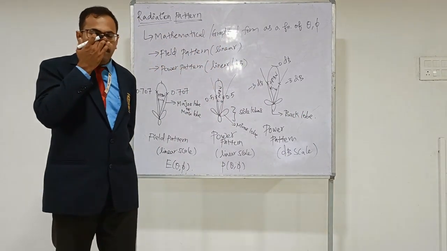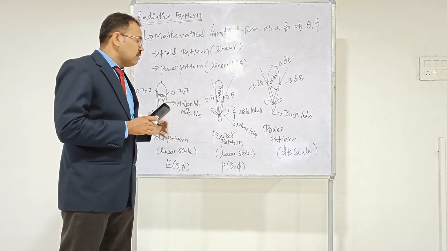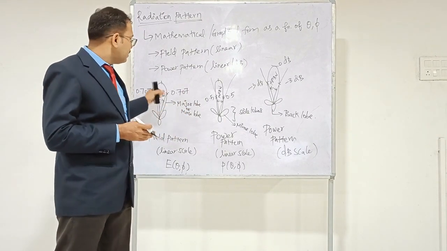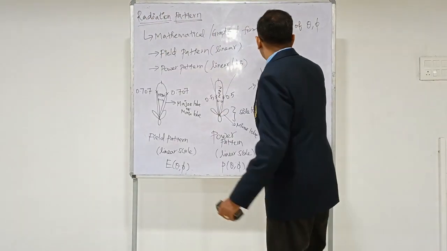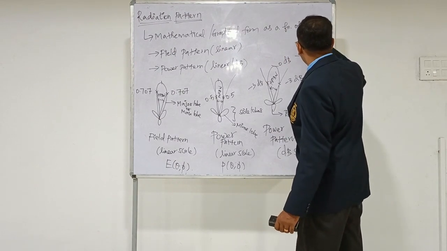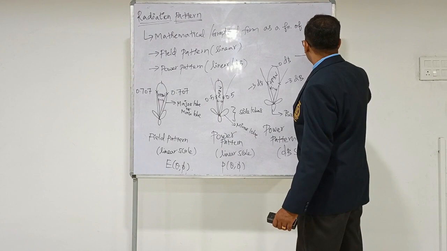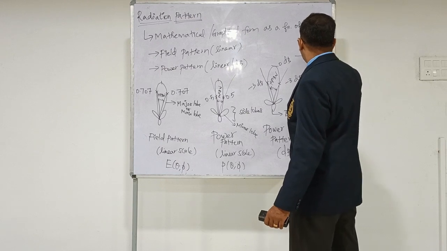Radiation pattern can even be represented in rectangular form instead of this polar form. If you try to represent this in a rectangular form, you'll have your maxima, this is theta. You'll have your maxima and some side lobes with respect to theta.